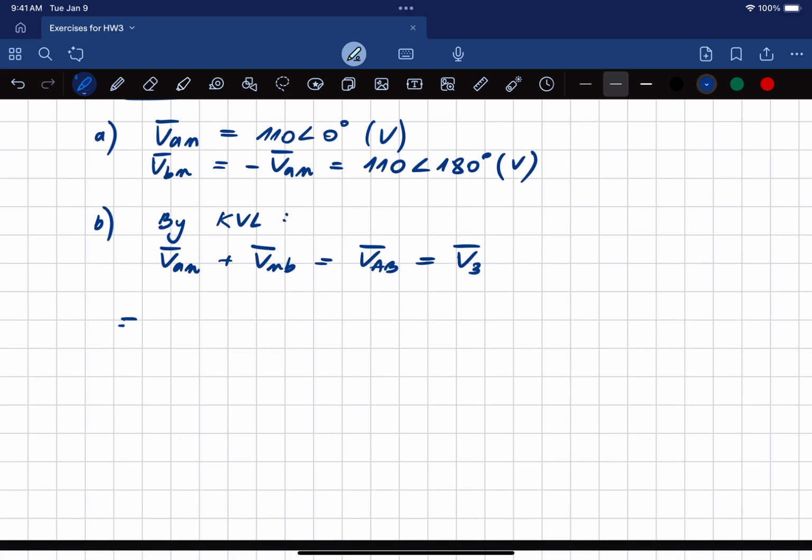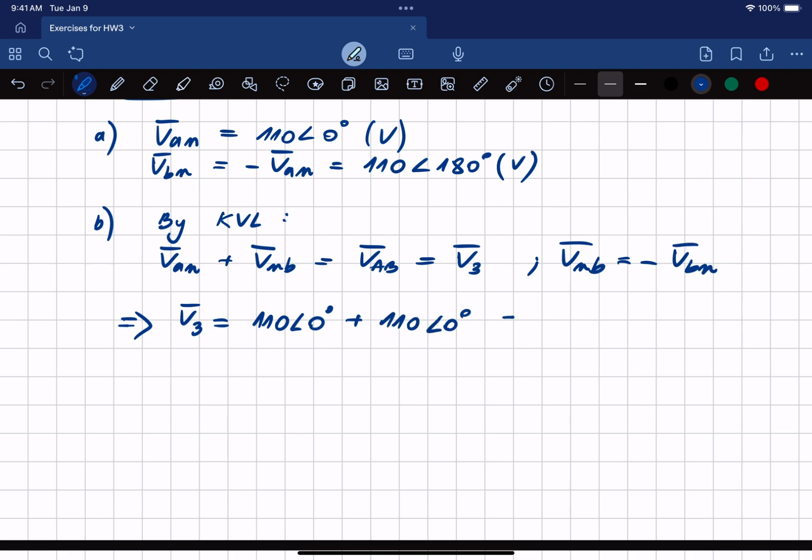And then simply we're going to say VAB or V3, which is what we want, is going to be VAN, 110 angle 0, plus VNB, which is going to be the negative of VBN, right? Let's remember this. Okay, VNB is simply the negative of VBN. So plus 110 angle 0, and we simply get 220 angle 0.